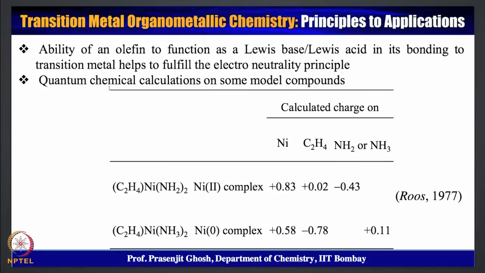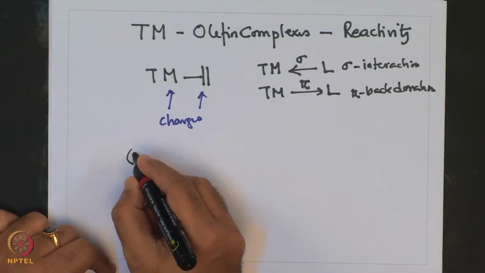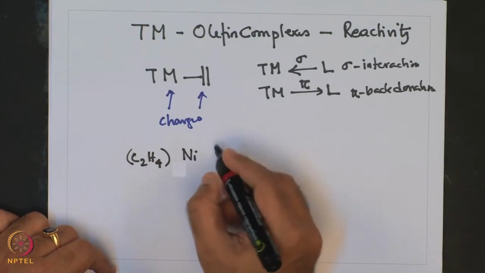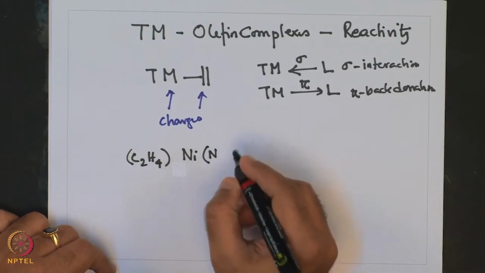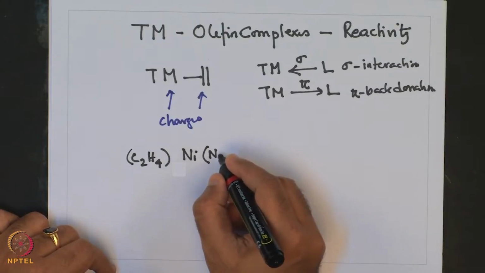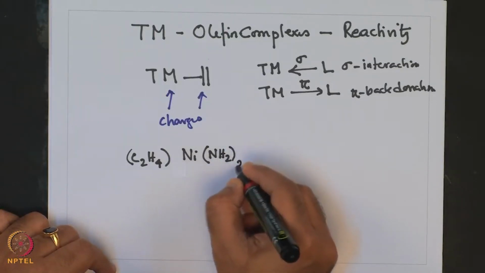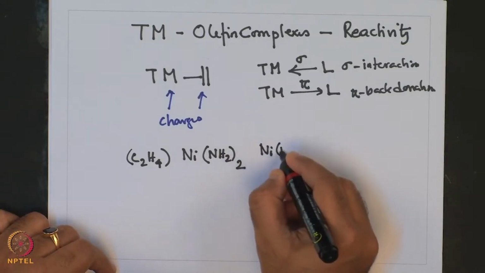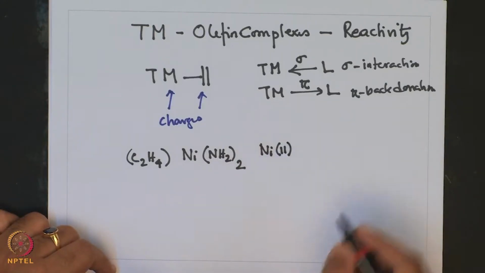So, for example, in this bis alkene nickel bisamide complex, Ni(C2H4)2(NH2)2, the oxidation state of the nickel is +2.